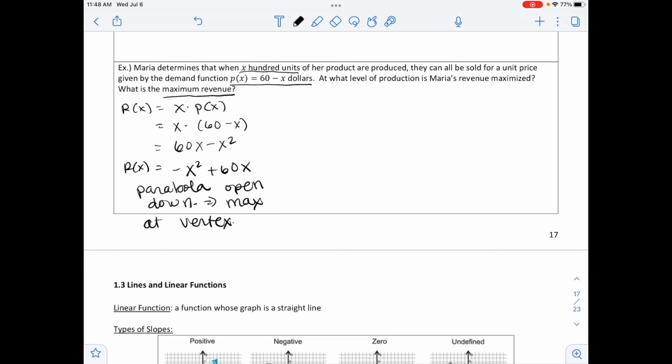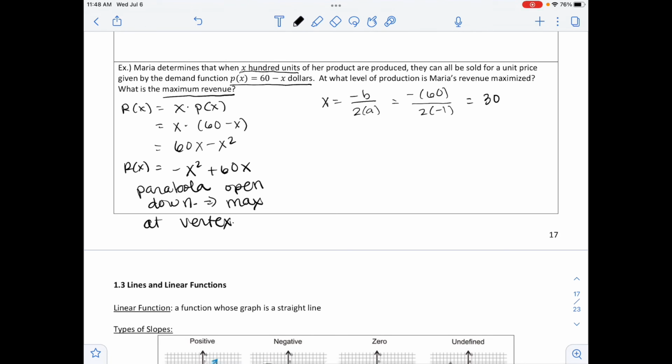And so our vertex formula is x = -b over 2 times a. For this problem, we're going to have -b, and our b value here is 60, over 2 times a, which is -1. And so we have -60 divided by -2, or 30. And we need to make sure that we put units with this.